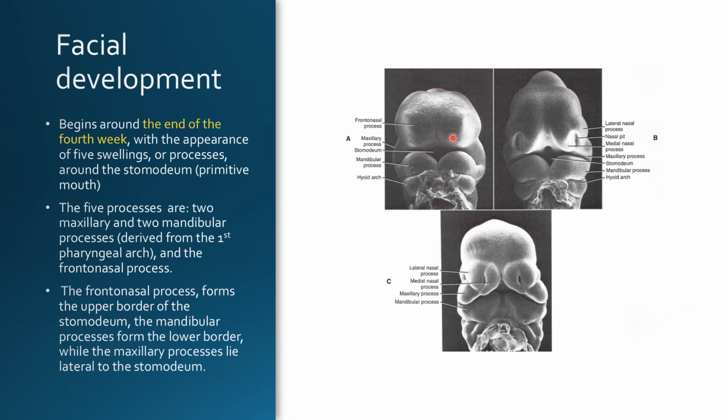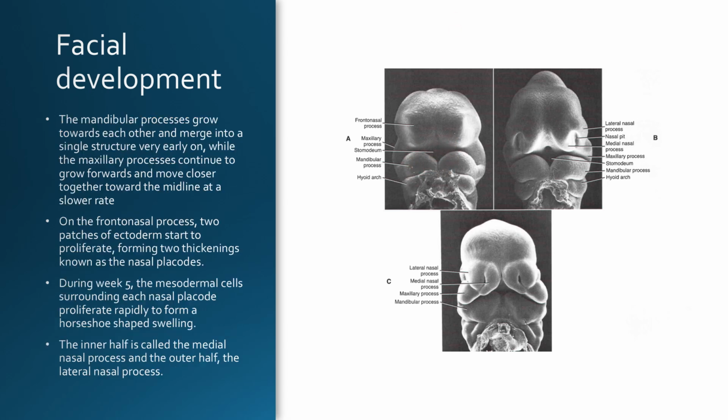So the 2 mandibular processes are going to join together in the midline early on, while the maxillary processes will continue to grow forward and towards the midline, and they will join much later than the mandibular ones. The frontonasal process will form on the sides here 2 thickenings of the ectodermal cells, which we call the nasal placodes.